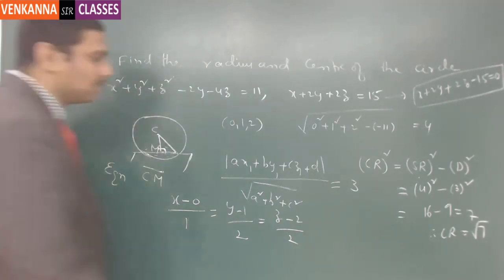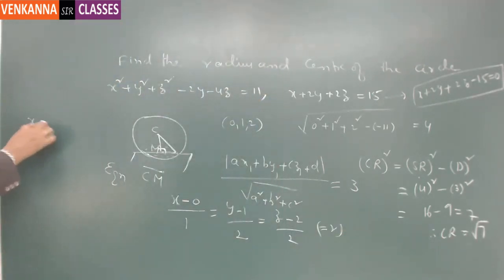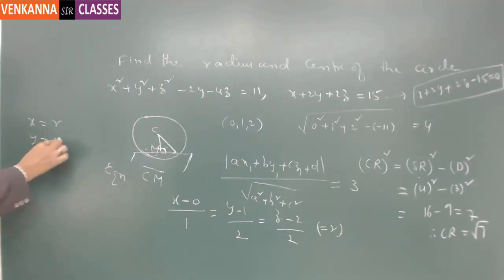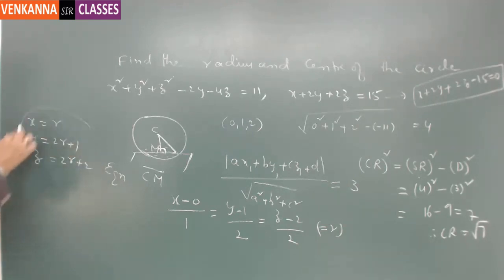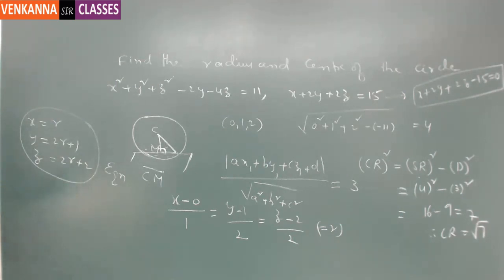So if you consider the parametric form, you have x is equal to r, y is equal to 2r plus 1, z is equal to 2r plus 2. So any point on this perpendicular line will be of this form for some r. So the foot of the perpendicular is also of the same form for some r. Since the foot lies on the plane, if you substitute these values in the plane equation, you will get the value of r.